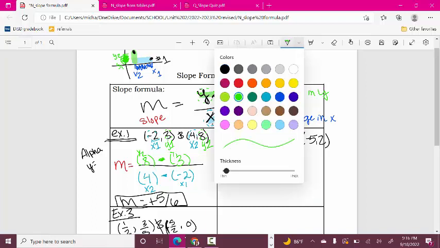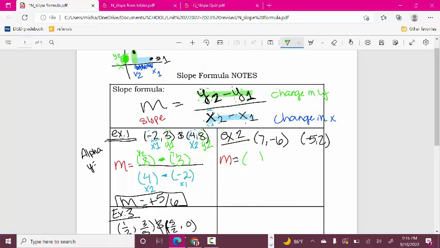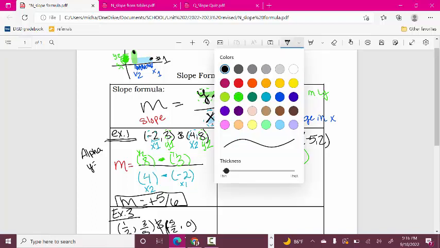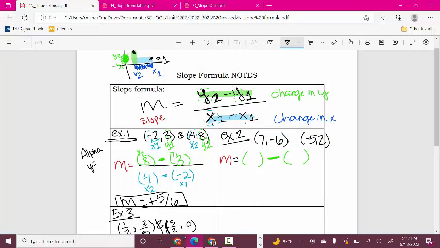So I'll put a bubble in place of y2, minus sign from the formula, and then a bubble in place of y1, all over x2 minus x1. And again, I'll have an open set of parentheses for x2 minus the open set of parentheses for x1.